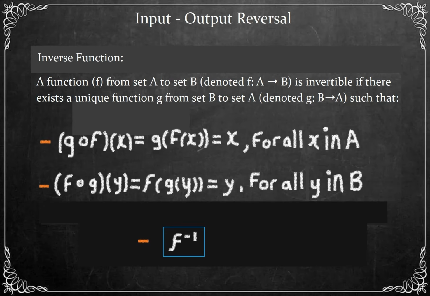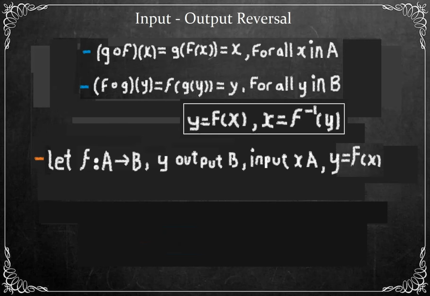So y is the output of f and the input of g. Thus, the function g is called the inverse of f, denoted in the blue box, read as f inverse. In simpler terms, f inverse undoes the operation of the original function f by swapping their input-output roles.